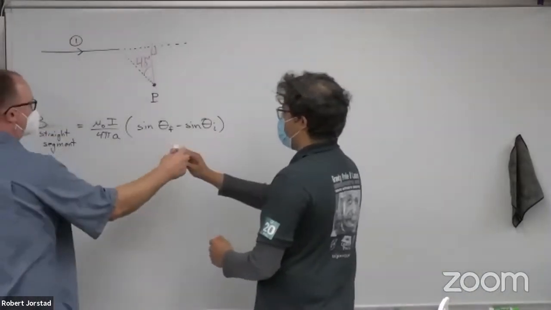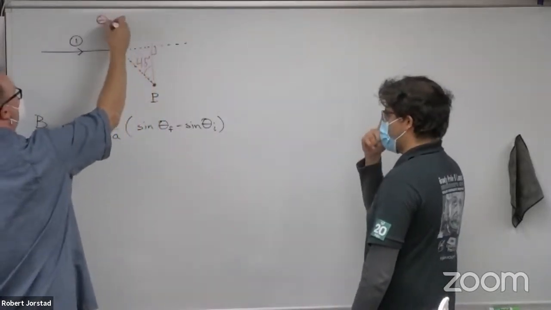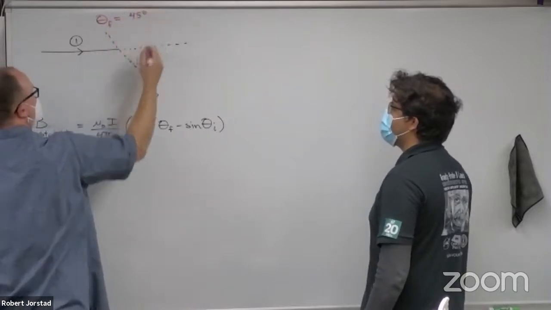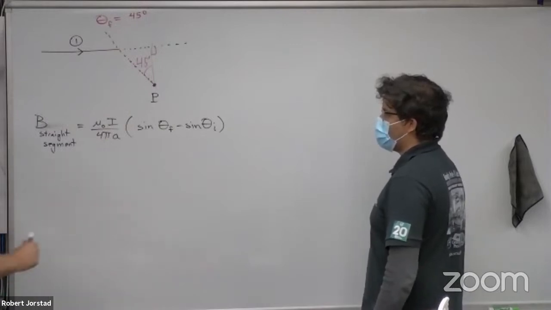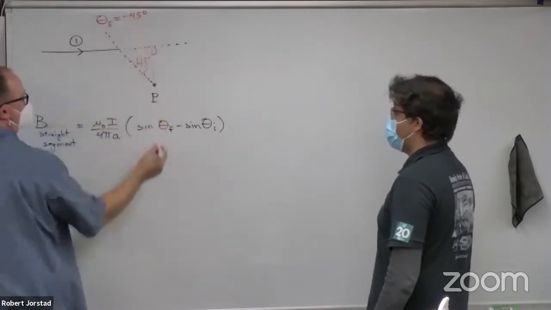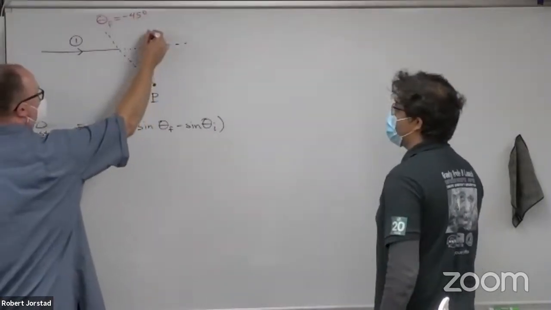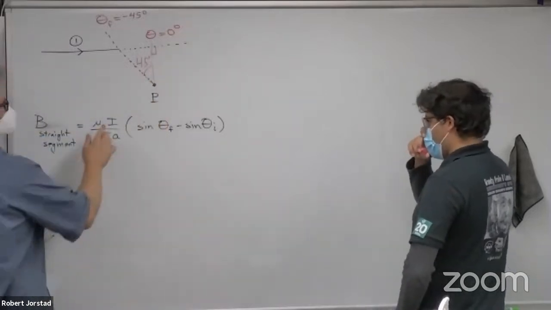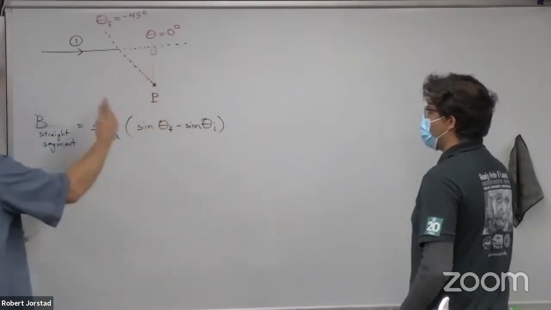What you're telling me here is this is theta final equals 45 degrees, right? I actually would call that negative 45, because do you remember what angle I called 0? Straight up. So this was theta equals 0 degrees, right? And so now I'm going to erase this because we got it in there. Cool? Is everybody cool with that?